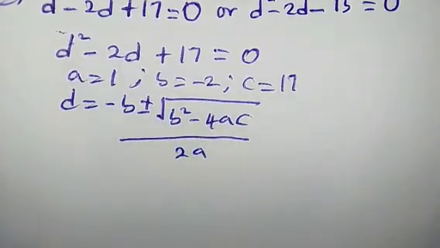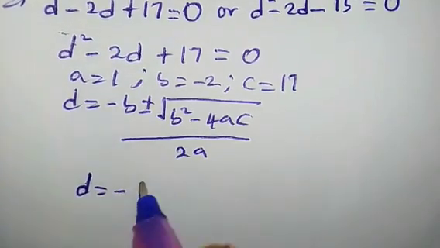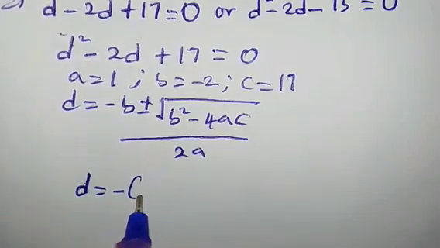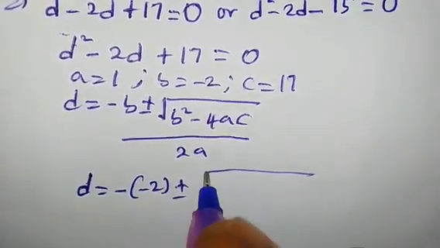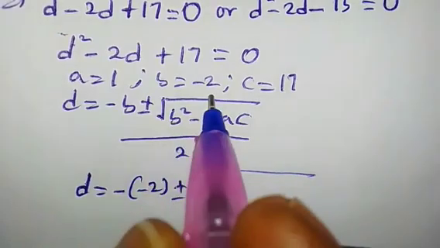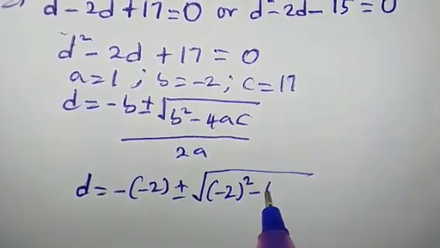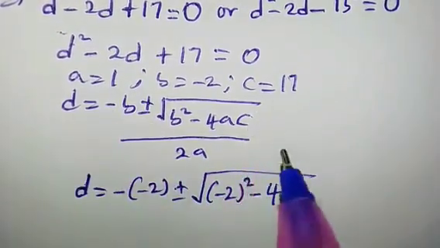Let's continue. So we have d equal to minus, what is b? b is negative 2, so we plug that in, plus or minus the square root of b^2, that will be (−2)^2 minus 4. What is a? a is 1 and c is 17.